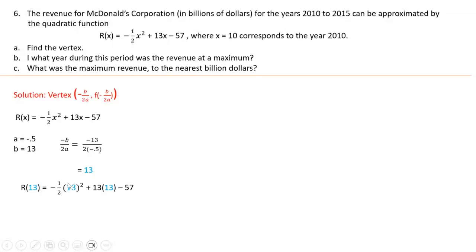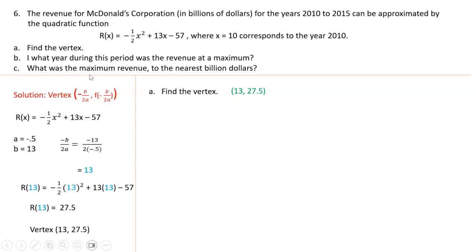I'm going to plug in 13 to the original function for the x. It'll be negative 1/2 times 13 squared, plus 13 times 13, minus 57. Again, we use a calculator, and we get 27.5. So this is my vertex, (13, 27.5). So the answer for A is (13, 27.5).